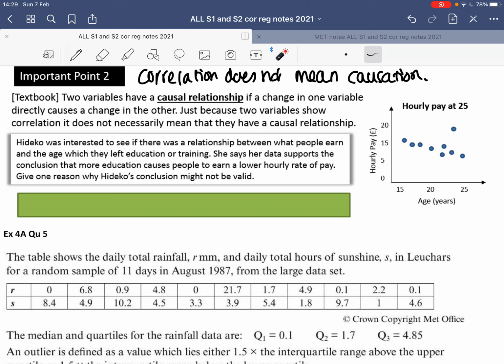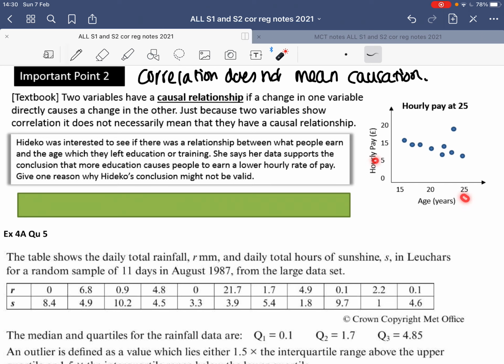This shows that people who left education earlier are earning more money, because we've got a negative correlation, than people who left education later.